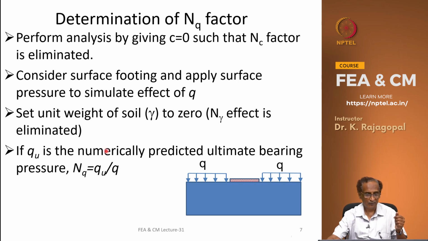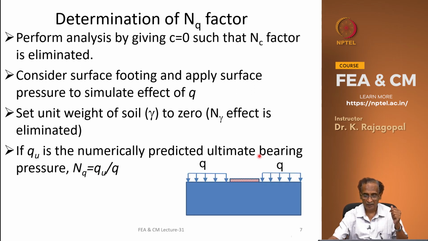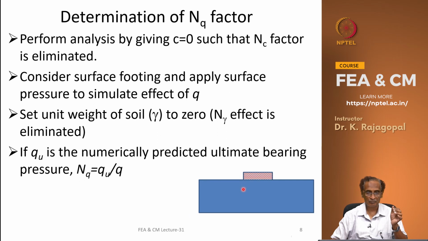And then once you get your qu, that is the numerically predicted ultimate bearing pressure, Nq is qu by q, where q is the applied pressure and qu is the bearing pressure that we determined from the analysis. And once again we consider only half the footing by considering the symmetry.